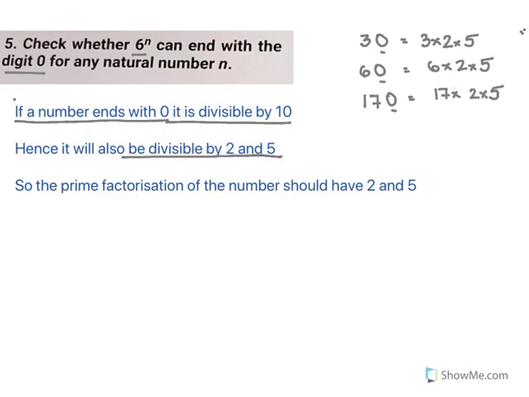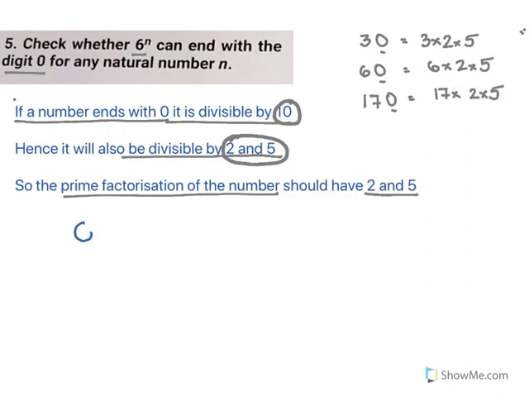So if it is divisible by 10, it is also divisible by 2 and 5, which means the prime factorization of that number should have 2 and 5. If it does not have 2 and 5, it will not be divisible by 10. Hence, the ending digit will not be 0.